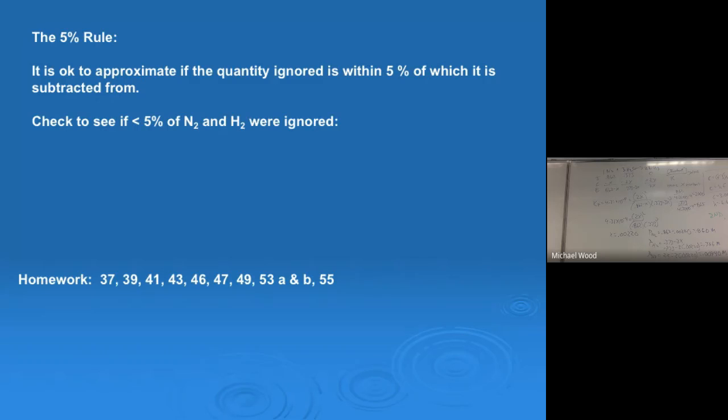You take the concentration of the reactant over the value for K. If it's 100 or greater, or near 100 or greater, ignore X, because we would like to ignore X. But then on the back end, we have the 5% rule, and this is telling us whether ignoring the X was okay to do. Kara asked a good question a few minutes ago. I'm going to do this for both of the reactants.